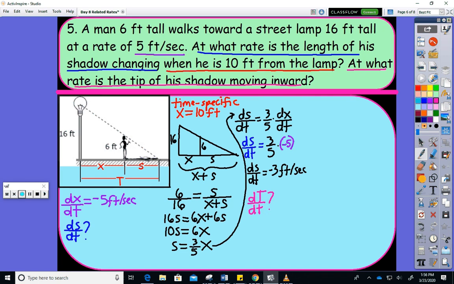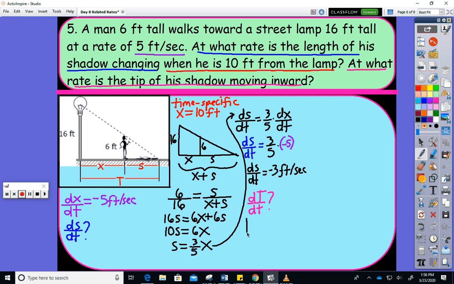This time, because I have dx/dt and I want dT/dt, I would like my original equation to have x's and t's, but no s's. You might be able to structure something with s and t, since you do know ds/dt at this point, but I would say just go back and treat this as a brand new problem.